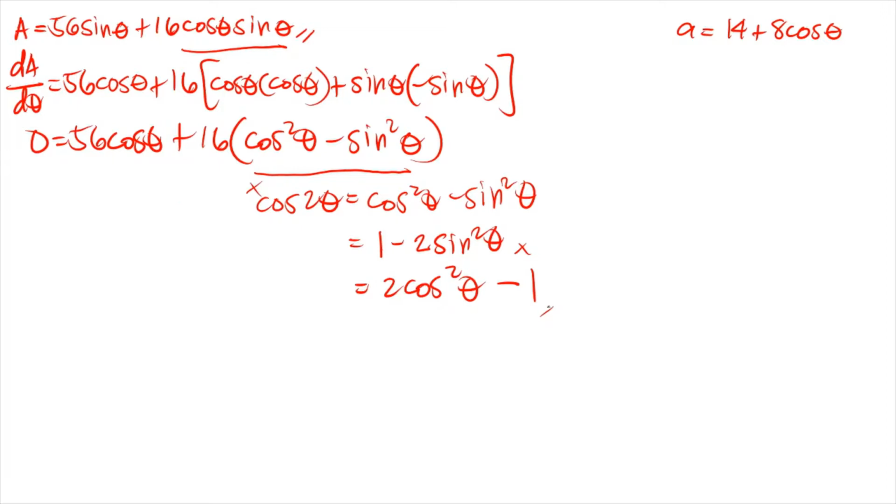Therefore, we have to use the third identity. So single trigo function, cosine and cosine, and single argument, theta and theta. So we have here 0 equals 56 cosine theta plus 16 times 2 cosine squared theta minus 1.